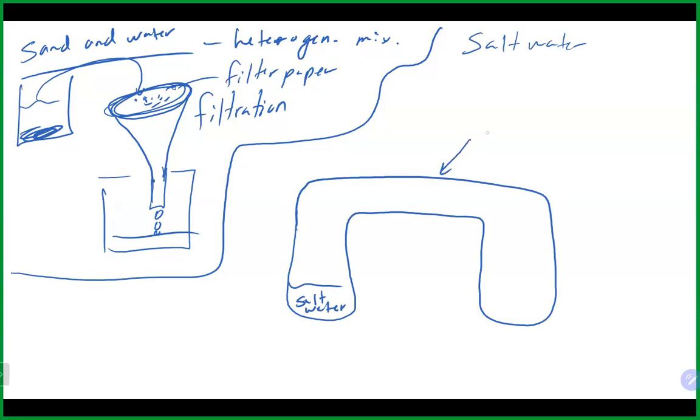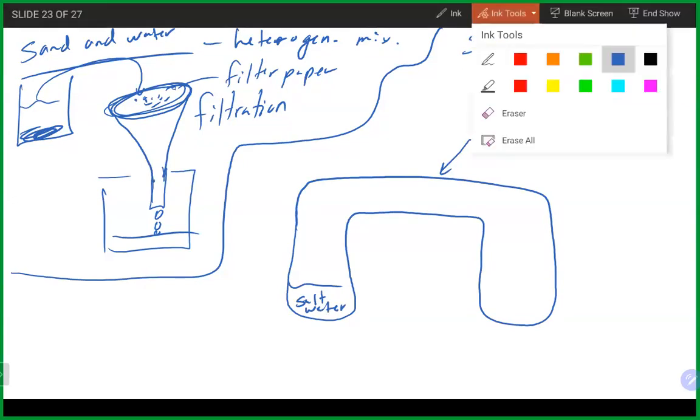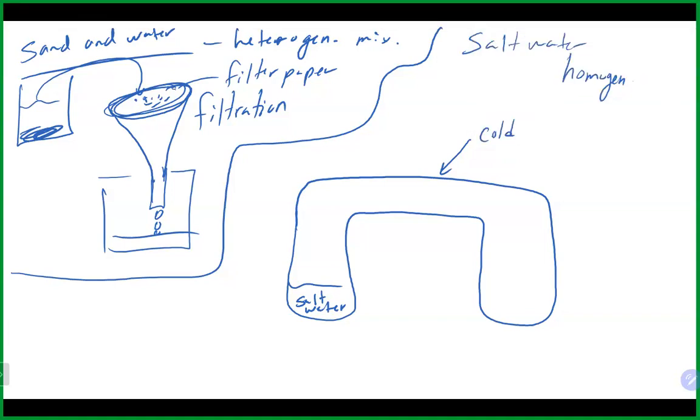If we keep this tube really cold, this is going to help us as we try to separate out our salt water, which is obviously a homogeneous mixture, because when you look at it, again, you can't see the different components involved. If we take this enclosed apparatus with our salt water, and we start to heat it, as I start to heat the salt water, what's going to happen to the water part?